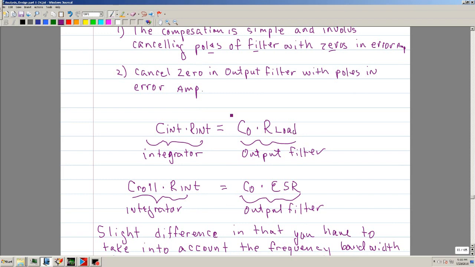So these are the two main equations, and this is for a regular discontinuous flyback.